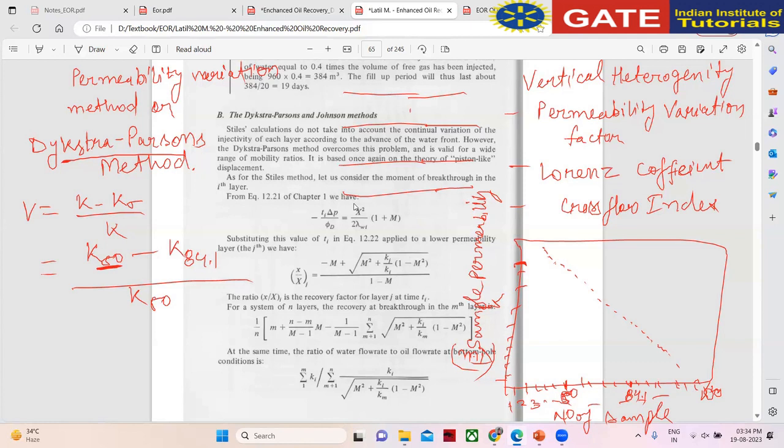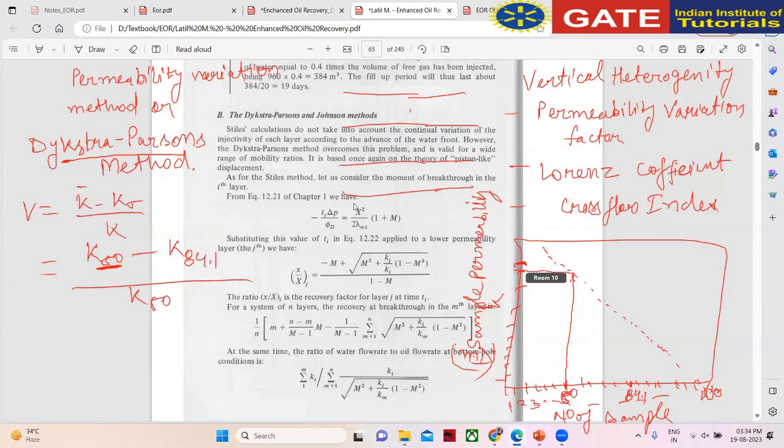Taking the permeability of the 50th sample, draw a line from the 50th sample on that slope and read this value of permeability.